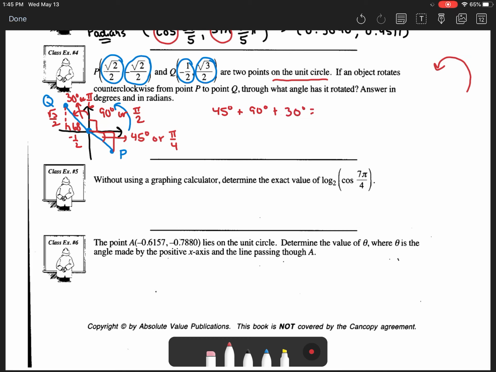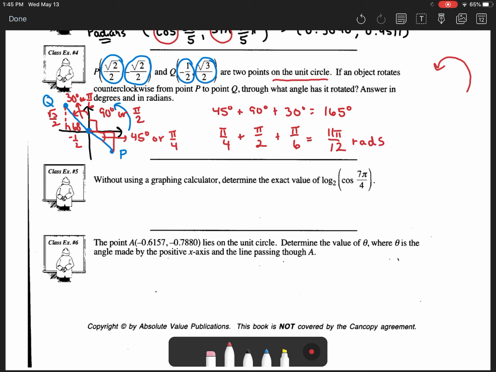So what do I get when I add those together? That's 165 degrees. If I go in radians, it would be pi over 4 plus pi over 2 plus pi over 6, and that will give me, if I add them together with a common denominator, which would be 12, 11 pi over 12, and those are radians.